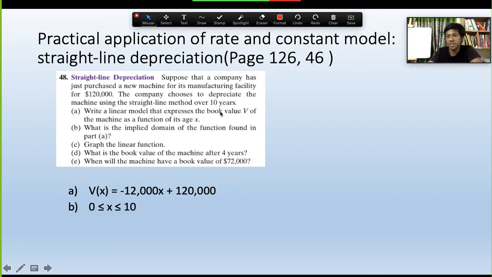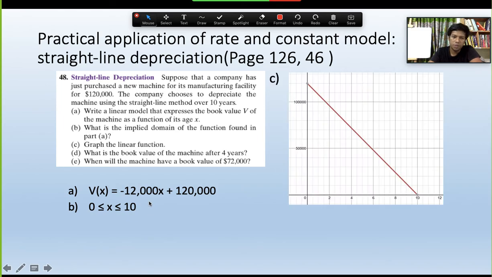So 10 is the maximum value for this math. And of course, it will start from 0. 0 means now. I mean, the point when the company started all this thing, that is 0. So from 0 to 10, that is the domain. 0 can be included, 10 also can be included. So that is the domain.